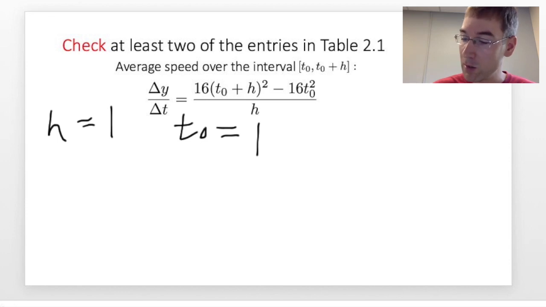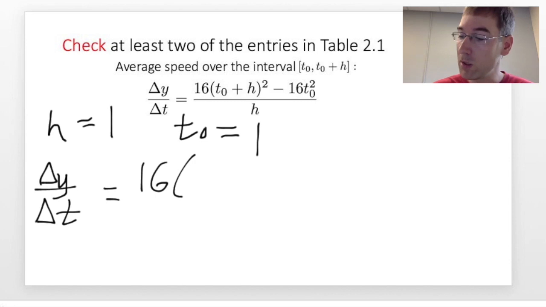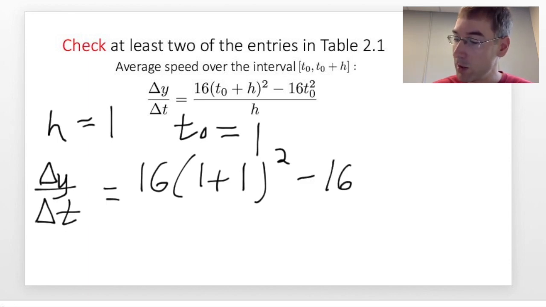Delta y over delta t equals 16 times the quantity, I'll replace t0 with 1, replace h with 1, minus 16 times t0 squared, all over h.